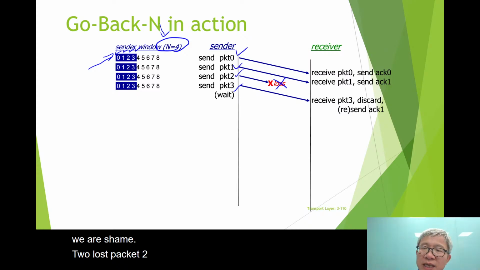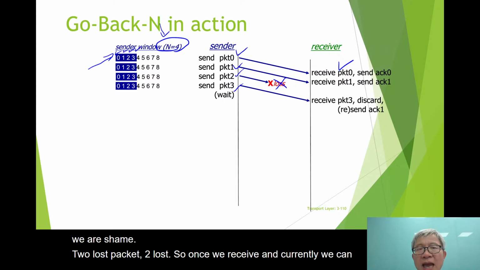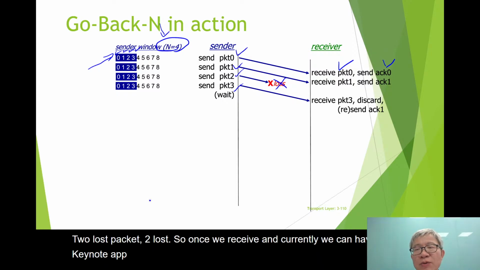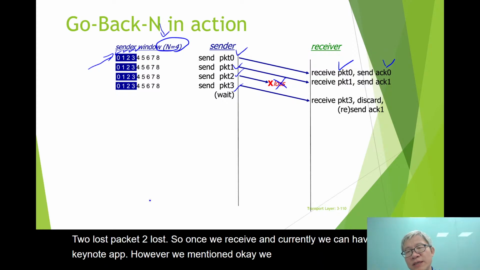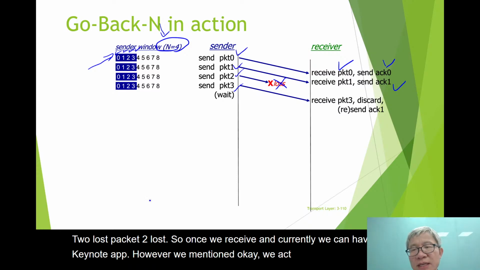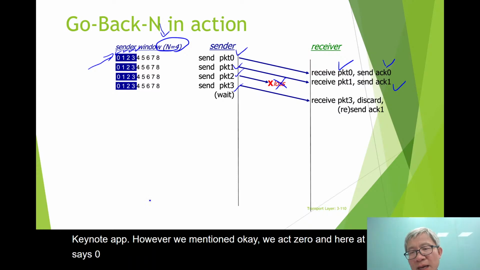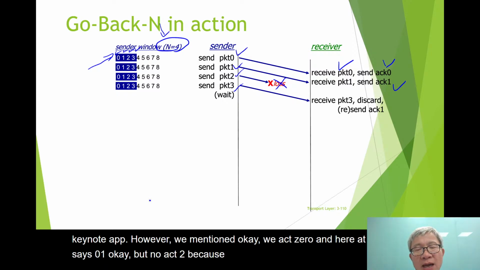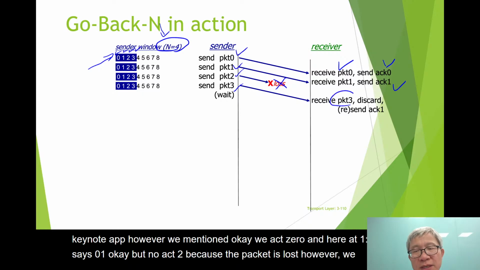So once we receive, currently we can have the cumulative ACK. We ACK 0, and here ACK 1, so it says 0, 1, okay. But no ACK 2 because the packet is lost. However, we receive packet 3.